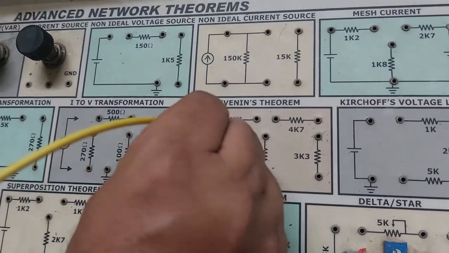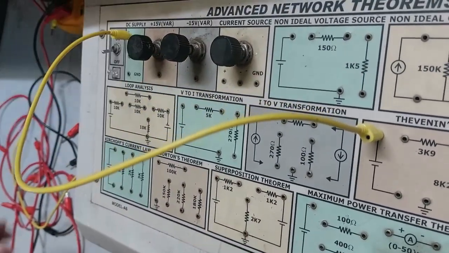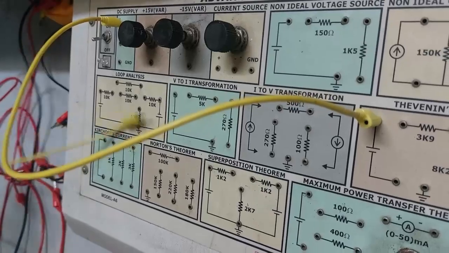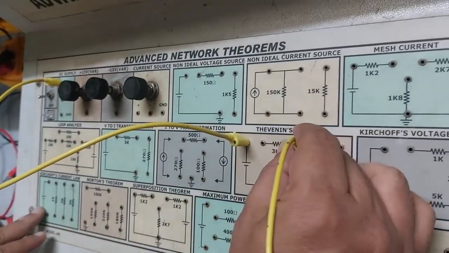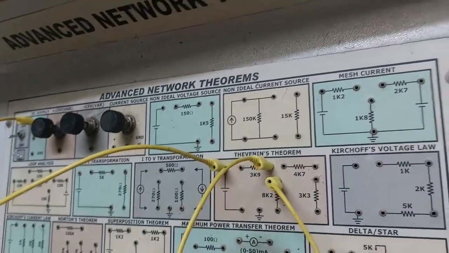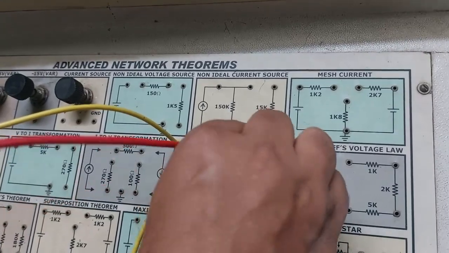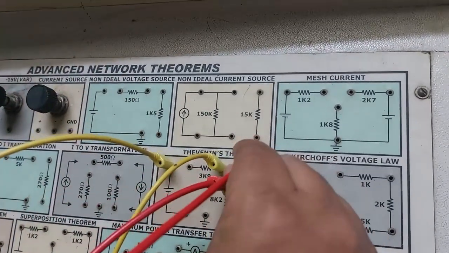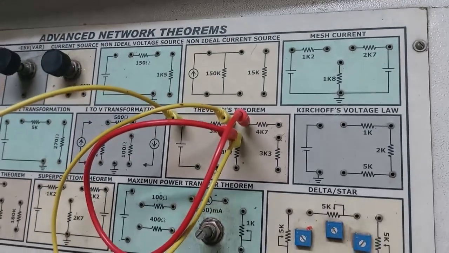Connect this with that 5 volt DC supply. Clearly got it or not? Yes. This part will be connected with this resistance. Now this is closed. This part will also be connected with this resistance. Clear? Just look at the circuit.